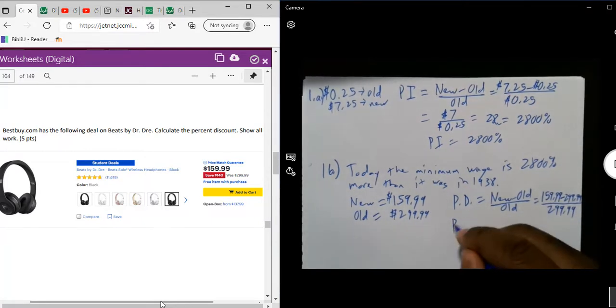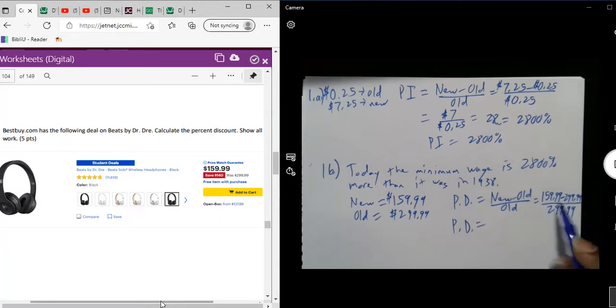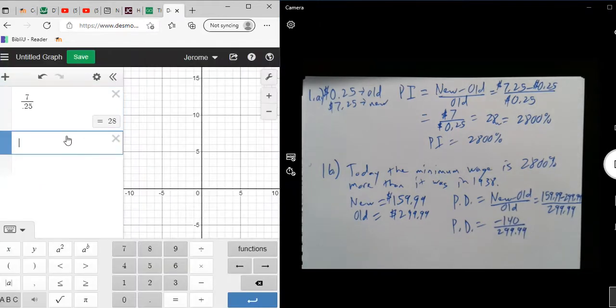So now, when we subtract these two, it gives us negative 140 all over 299.99. Now we put this in our calculator: negative 140 divided by 299.99.